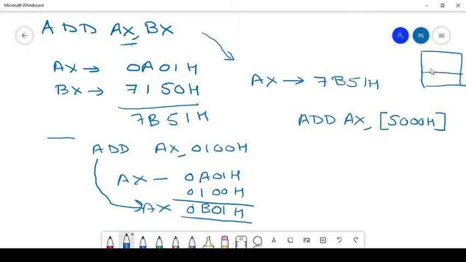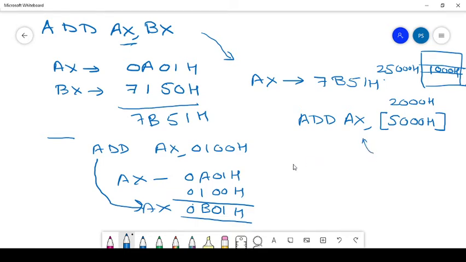In a given data segment, maybe the data segment is 2000H, then the physical address is 25000H, as we have already discussed. If that memory location has some content, 1000H, then that content is added with the content of AX, and the result will be stored in AX. So this is about the ADD instruction.